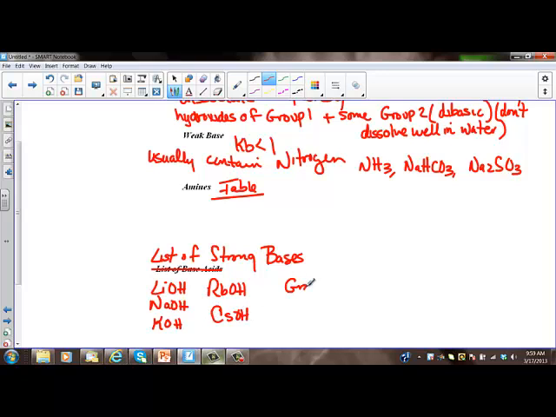From group 2, the ones that I would really know are just basically Mg(OH)2, Ca(OH)2, perhaps barium. I think that's about it for right now.